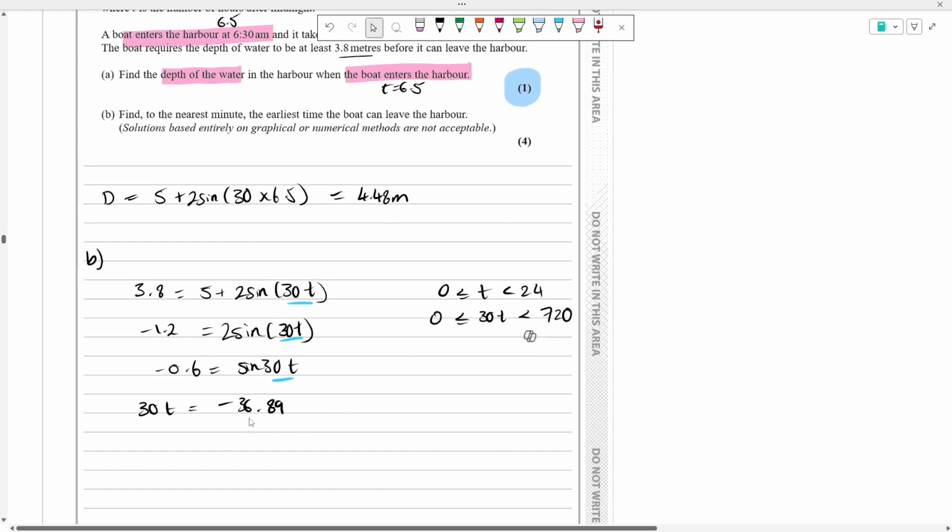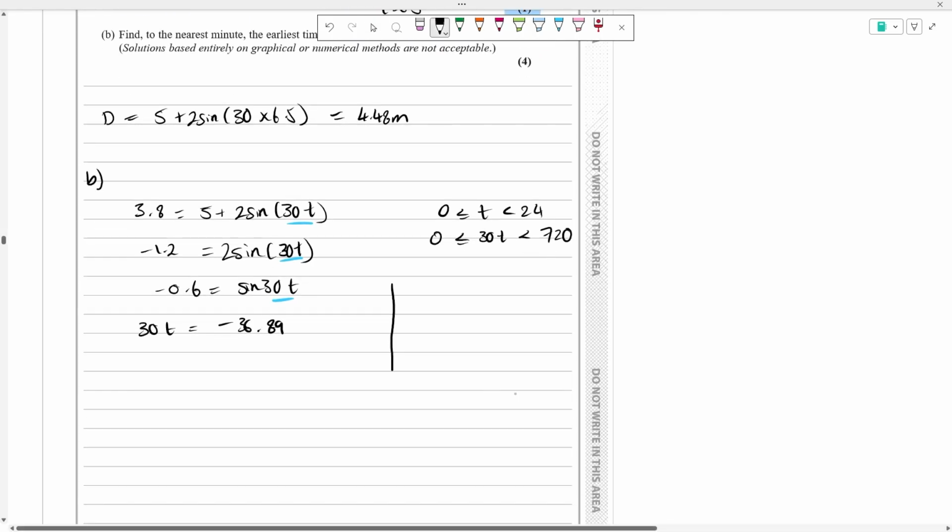But you can see this one doesn't work because it's negative, and even if you divide by 30 to work out t, it's still going to be negative. But the next value up, if you think about how sine graphs work, if I draw the sine graph here, minus 36 is probably somewhere around here.